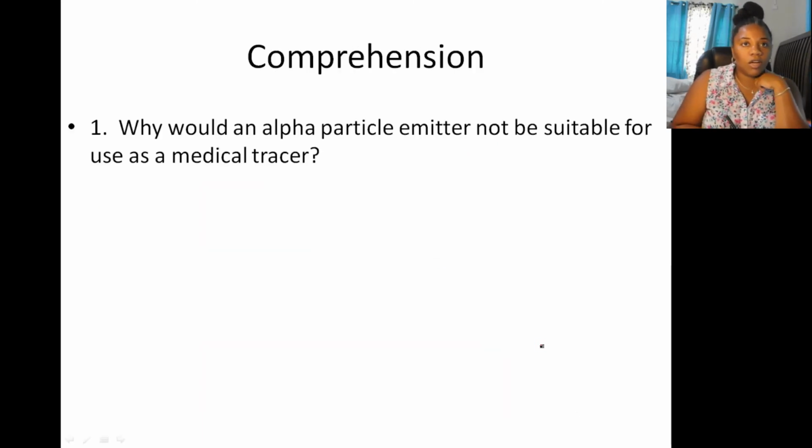Now we are on to comprehension. So we're going to say now, why would an alpha particle emitter not be suitable for use as a medical tracer? That's because it doesn't penetrate materials well. It's not as strong.